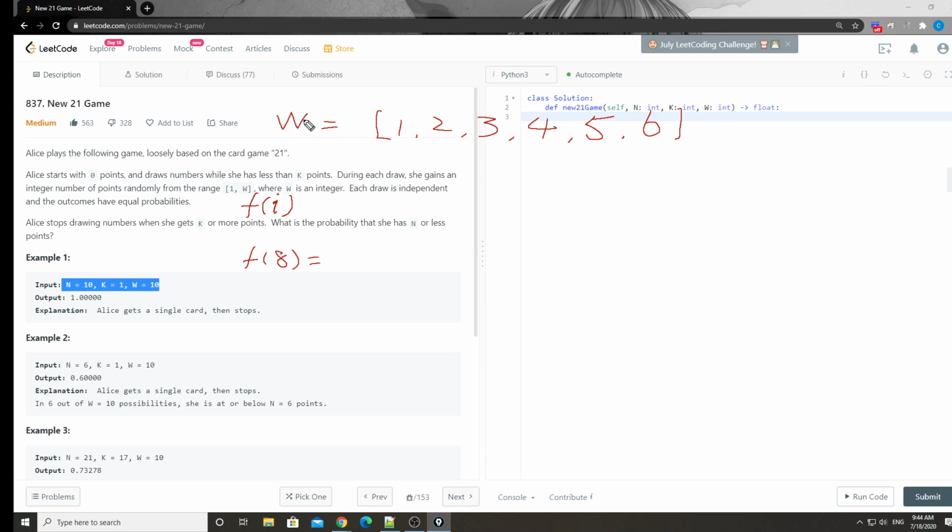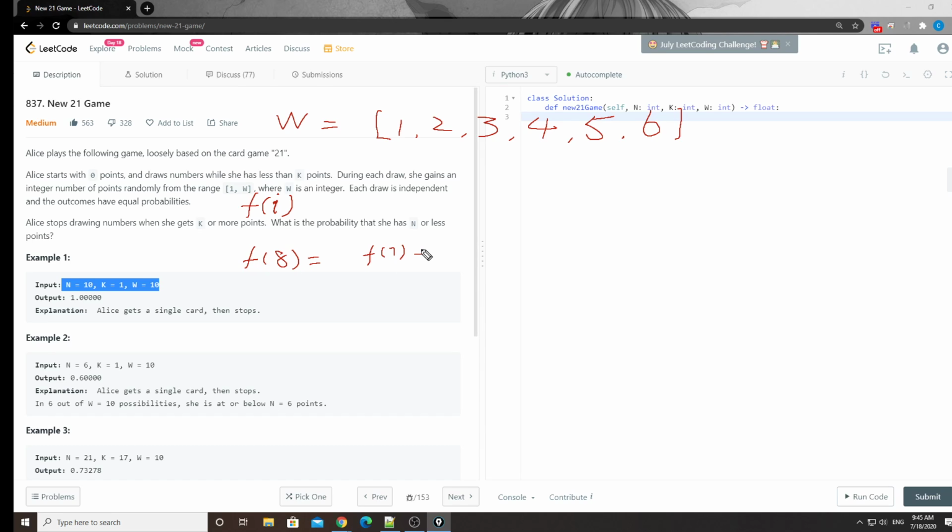We'll have W ways to get to 8, because the first one is from 7. If the first one is F7, then from F7, if we draw a 1, we get F8.